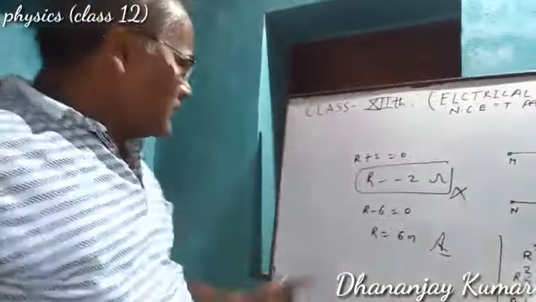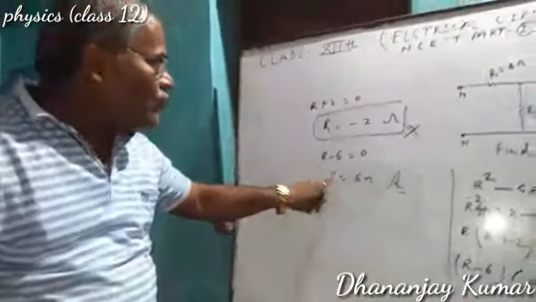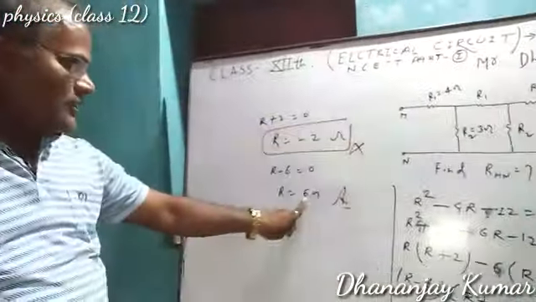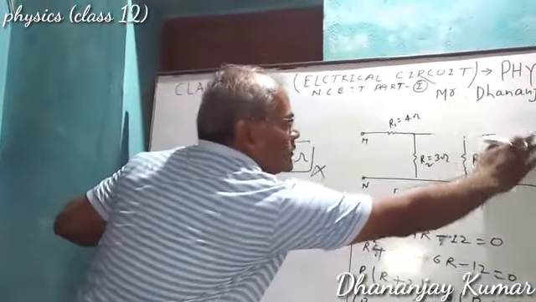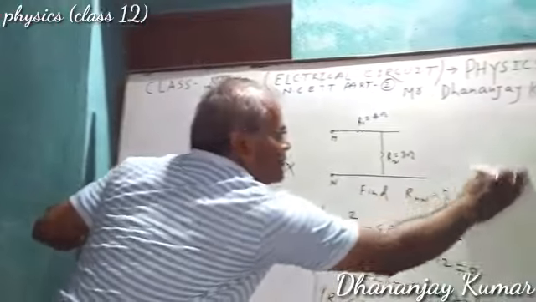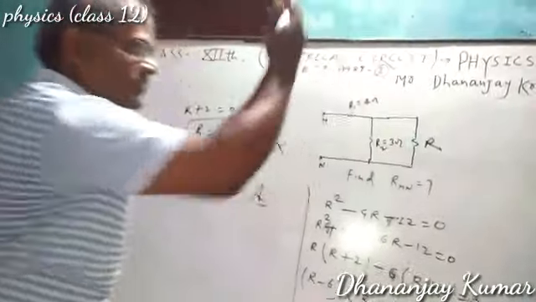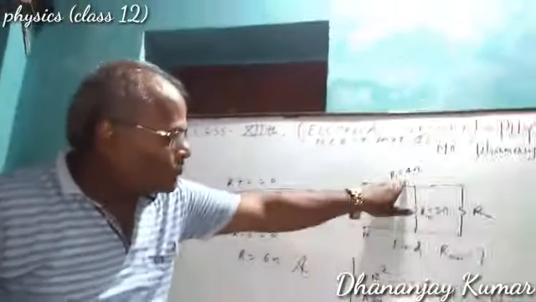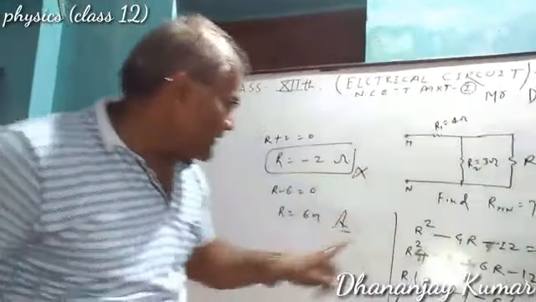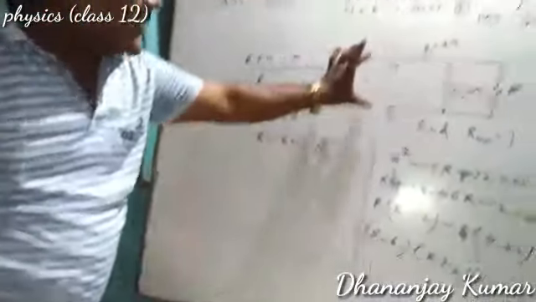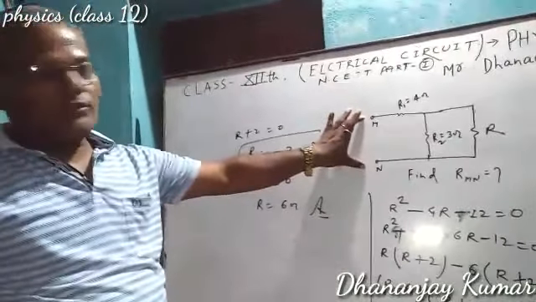So my dear student, we get the value of the equivalent resistance across MN as 6 ohm. Now we have these equations, and here 4 ohm, 3 ohm, and we get the value of R as 6 ohm, and it will also be equal to the equivalent resistance across MN.